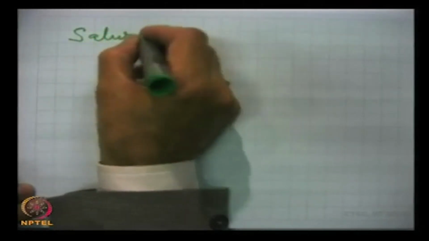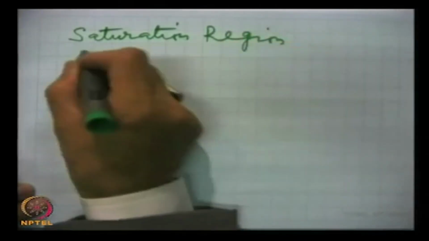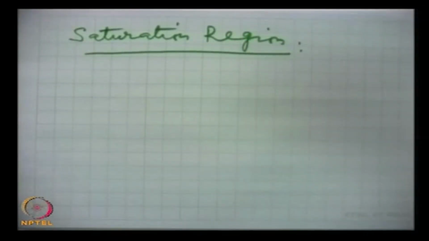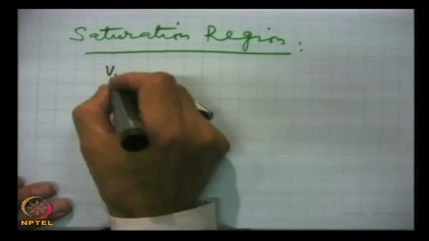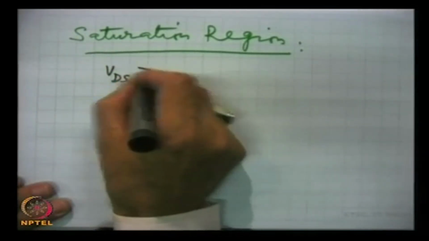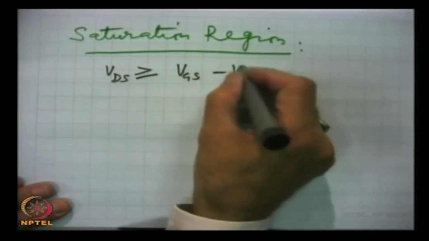So, next is the saturation region. In this region, VDS is greater than or equal to VGS minus VT.